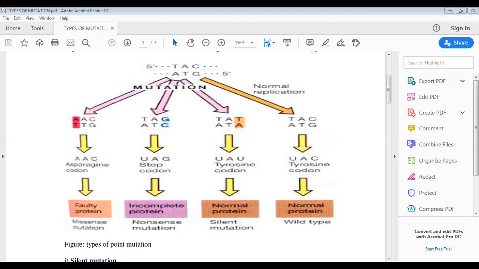Next come silent mutations, meaning it is not being expressed, but it has already happened. That type of mutation is known as silent mutation, and another one is wild type, that is normal.